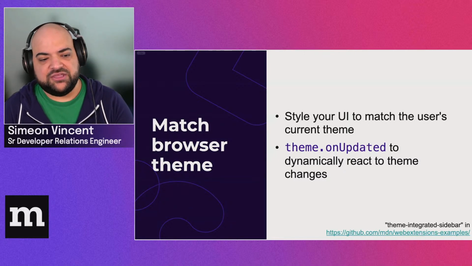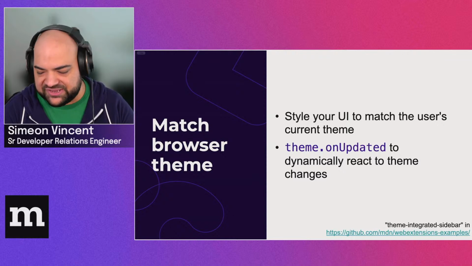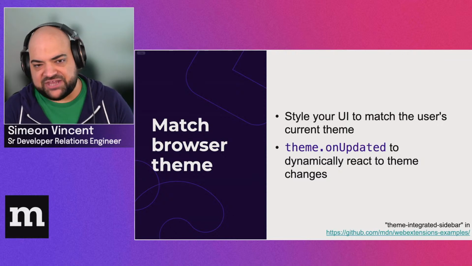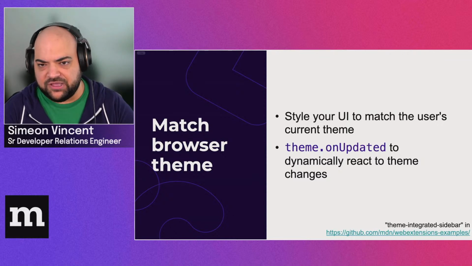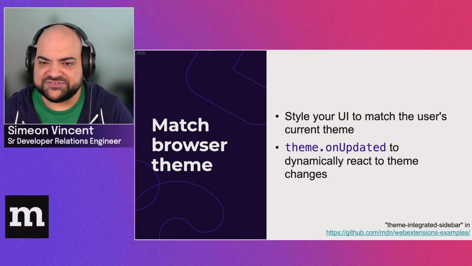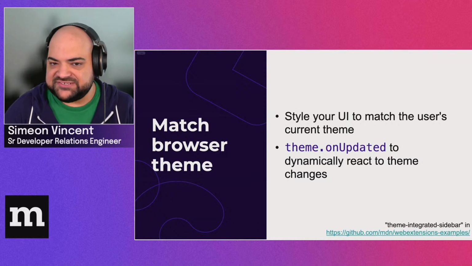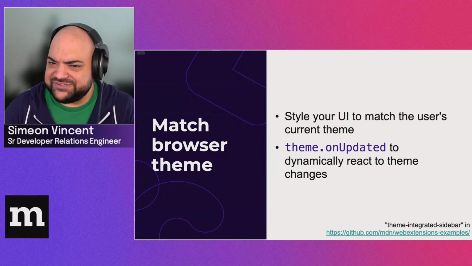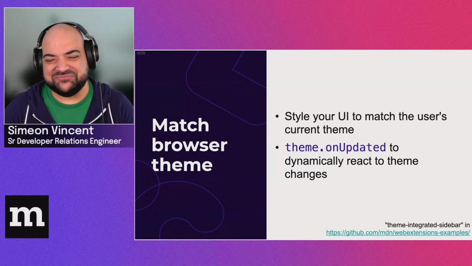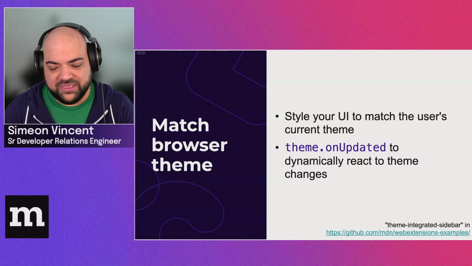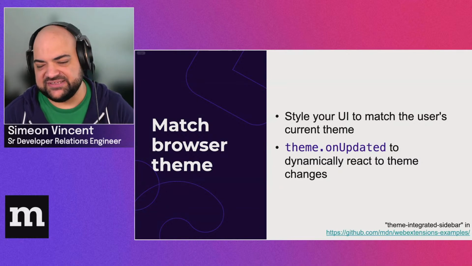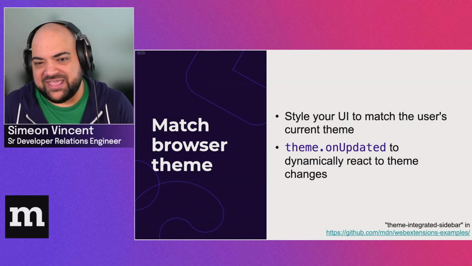That way, your user interface that you expose can match the look and feel that the user has chosen for their web browser. And this one I really want to encourage because it just feels different when you're browsing the web and the experience that is exposed is consistent and nice.